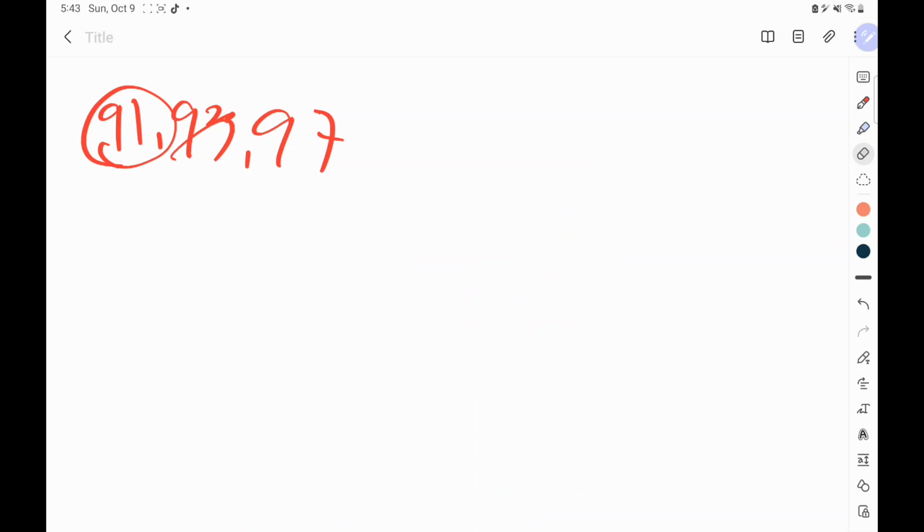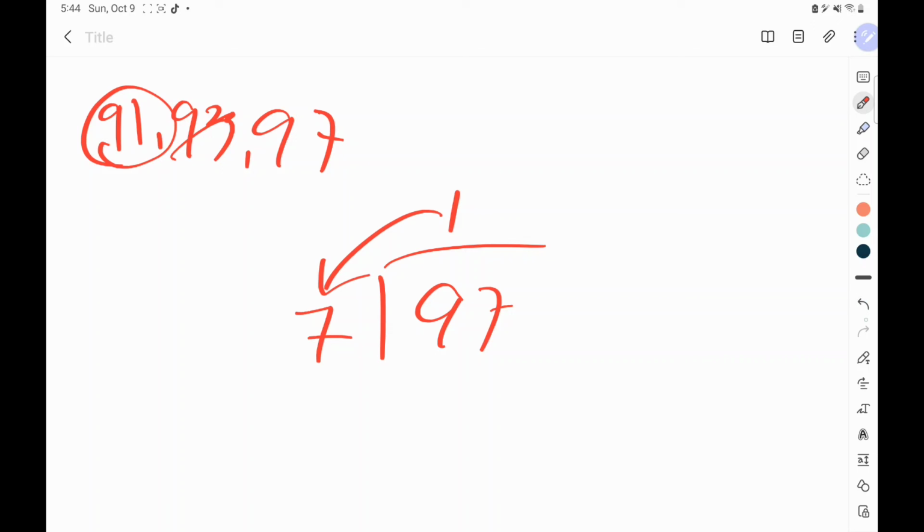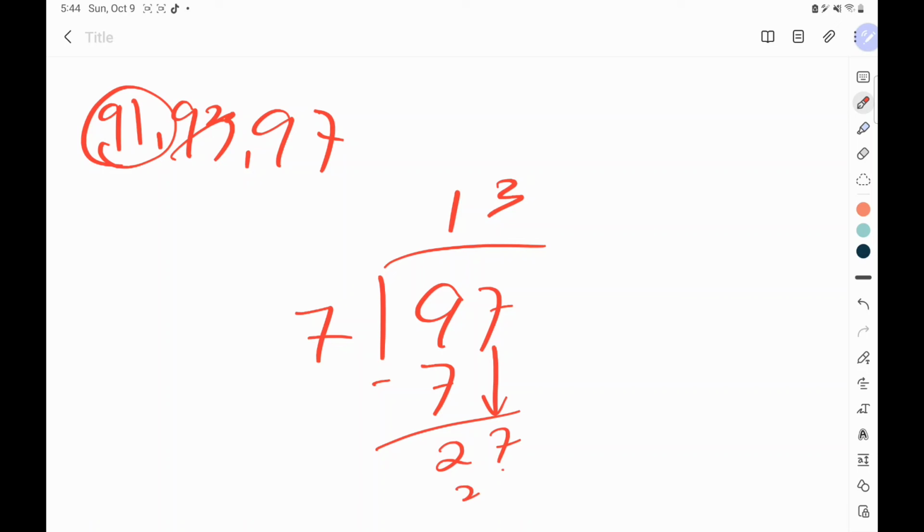Alright? How about 97? Let's try. 97 divided by 7. Alright? 9 divided by 7 is equal to 1. 1 times 7 is equal to 7. Minus, so that is what? 9 minus 7 is 2, and then bring down 7, that is 27. 27 divided by 7 is 3. 3 times 7 is equal to 21.